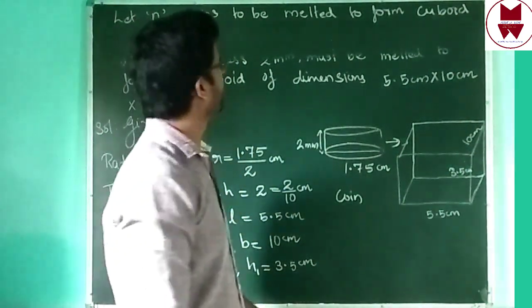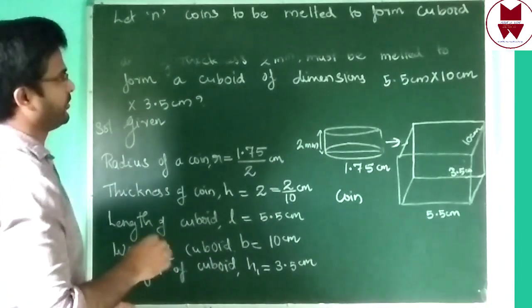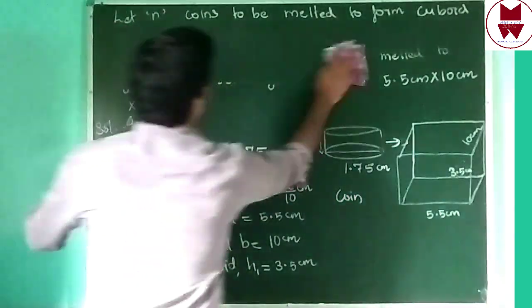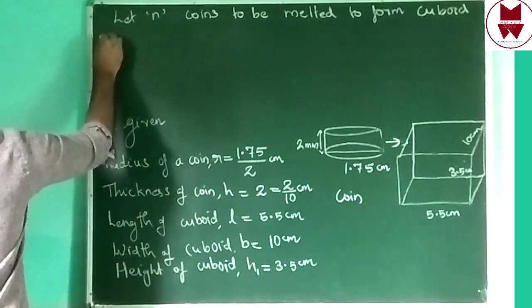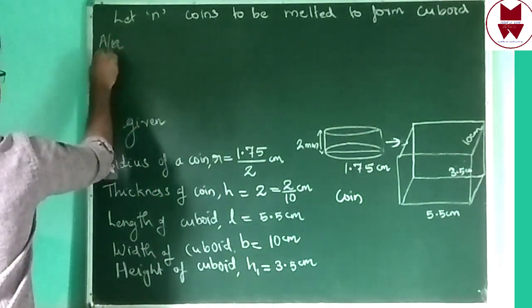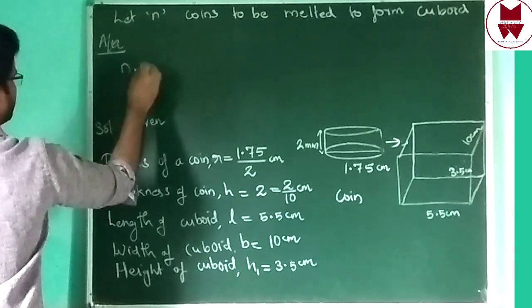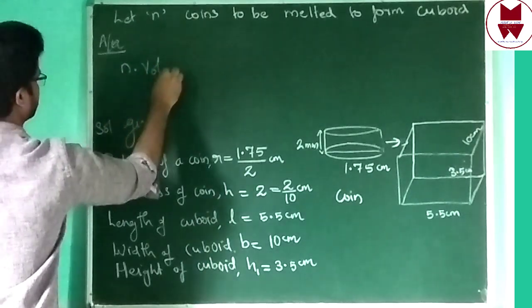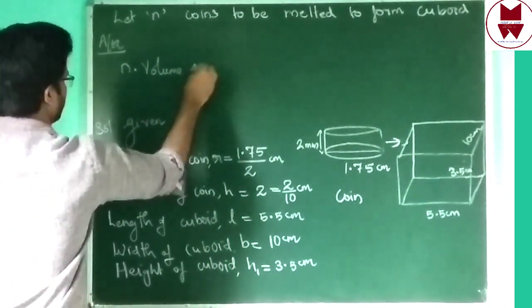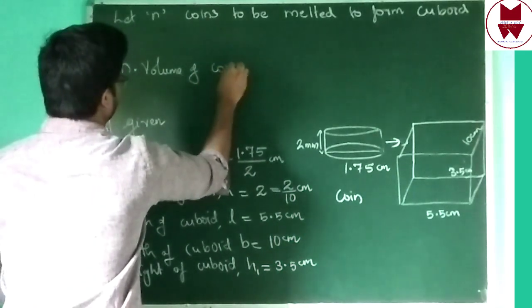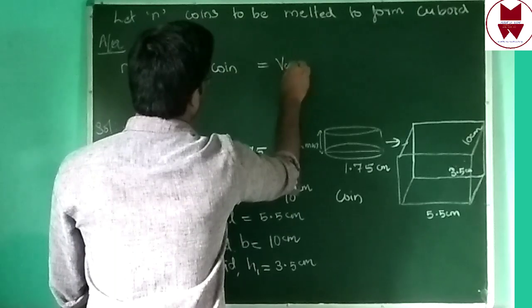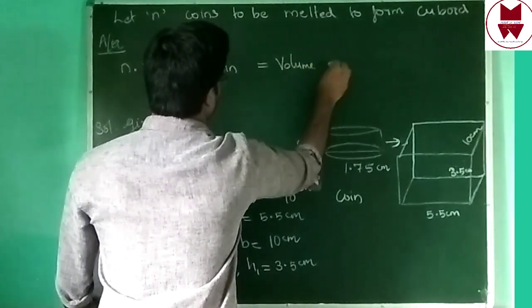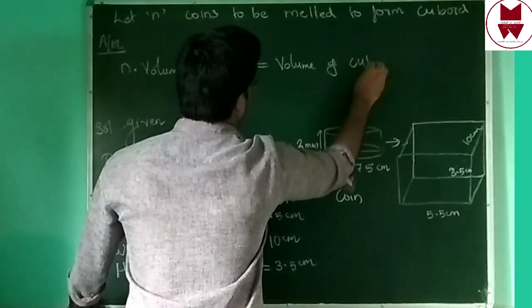Anyway, I took n coins to be melted to form the cuboid. As per the question, n into volume of coin equal to volume of cuboid.